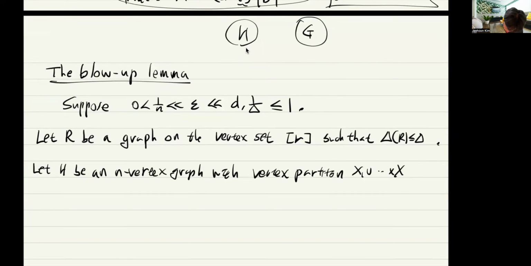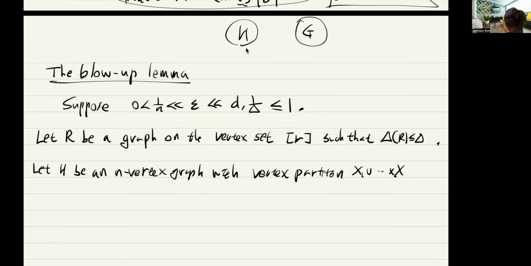So this is the graph with a vertex partition P1 to Pr such that each Pi has the same size as Xi, then this is exactly n, and each Pi Pj is epsilon, t plus superregular.